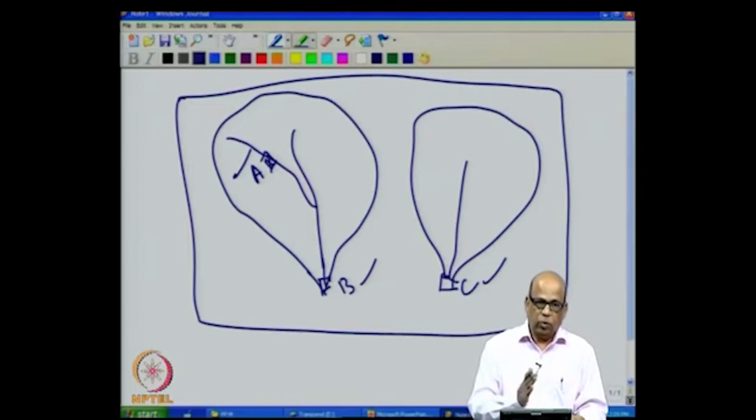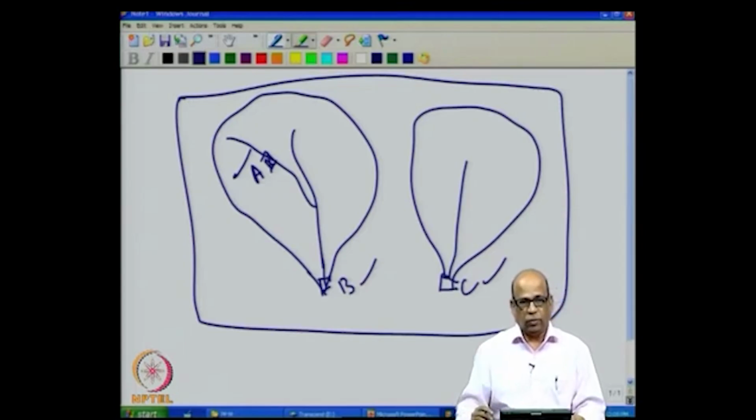So, there is a spatial correlation as well as a temporal correlation. The temporal correlation is in fact the autocorrelation that we are talking about.